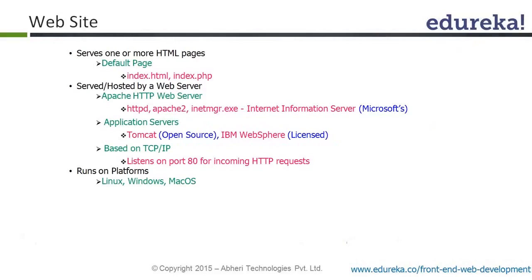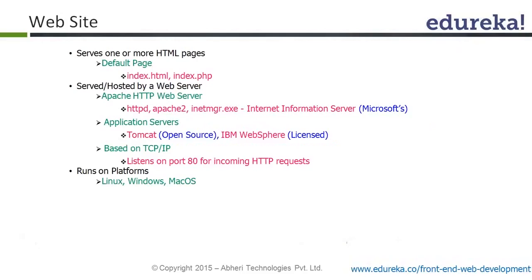If you have complicated logic, you need to write it in Java and then run it inside the Tomcat and WebSphere application servers. Note that even the output of these application servers is again HTML, CSS, JavaScript.